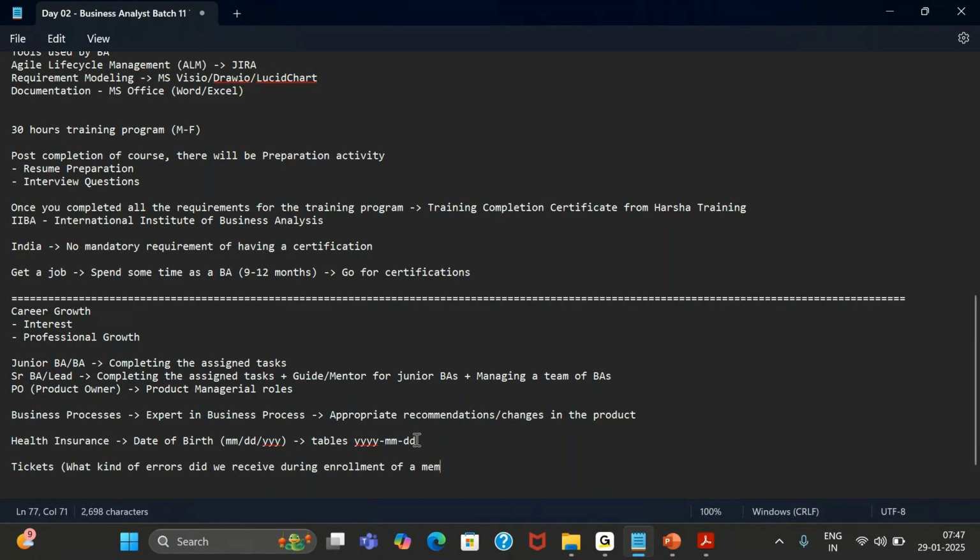We saw multiple errors being received. One of the errors that we particularly focused on was this one. Why? Because it was relatively easier to implement.